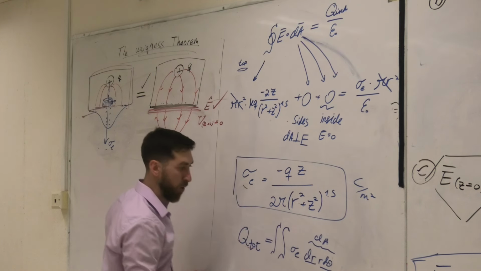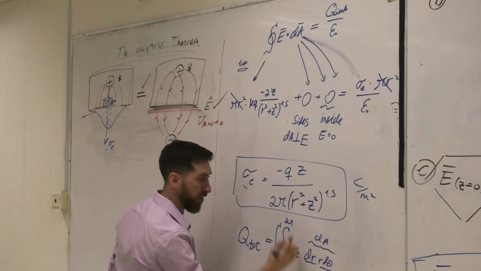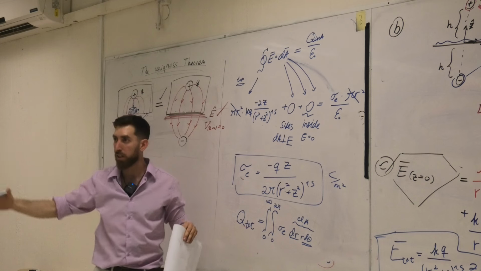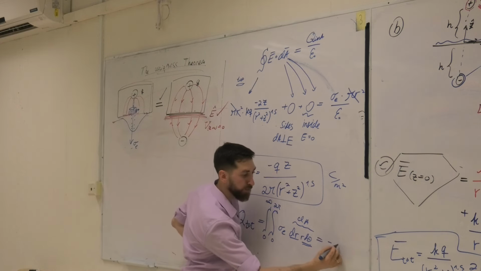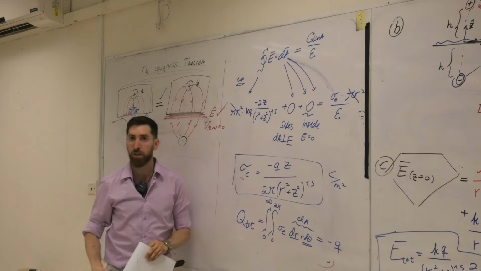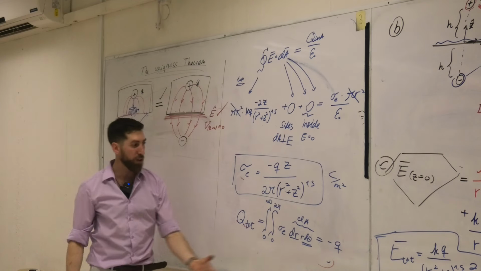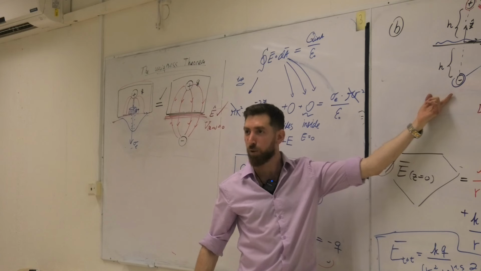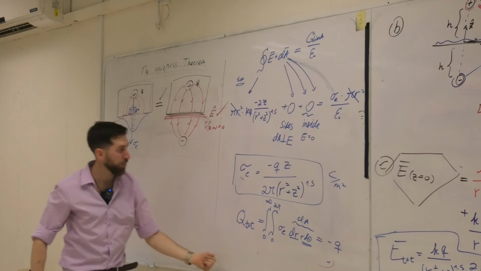And I can run from 0 to 2 pi on theta, and from 0 to infinity in the distance. And you're going to get, this is equal to minus Q. So all the charge that we have on the tissue is minus Q. And there's no surprise, because we found that this solution makes sense. Okay?